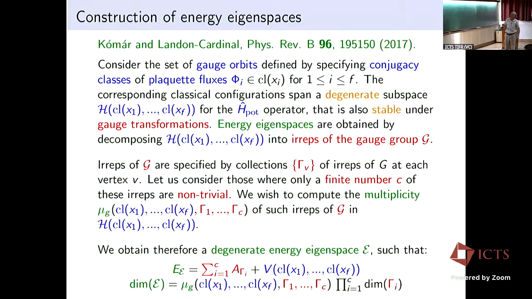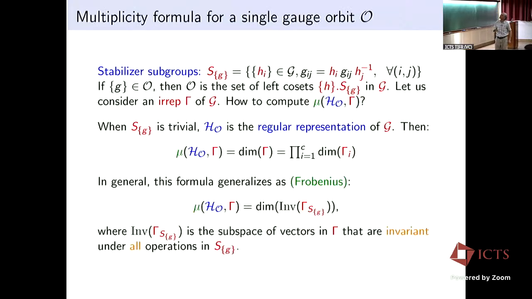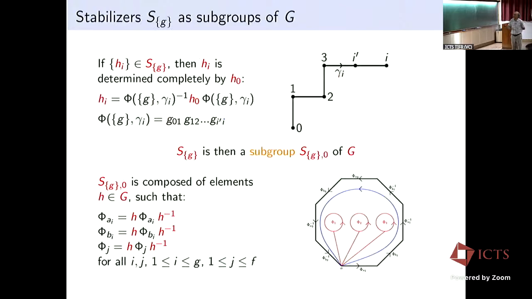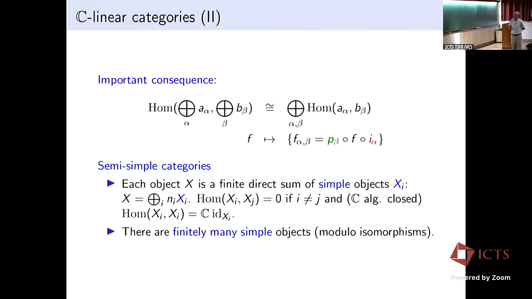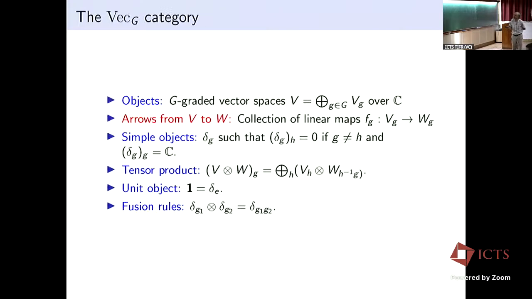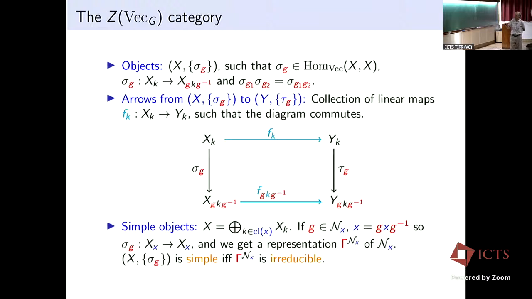So I realize I have 0 minutes to explain what we did in the end. But perhaps I should flash at least the important formula. I wanted to tell you about categories, but that will be a more informal description. So that was my description of the Z(Vec G) category.